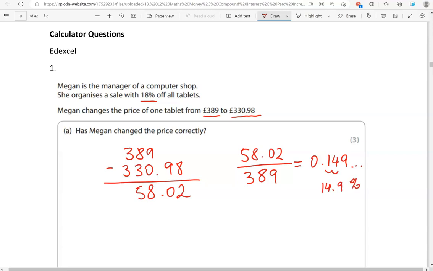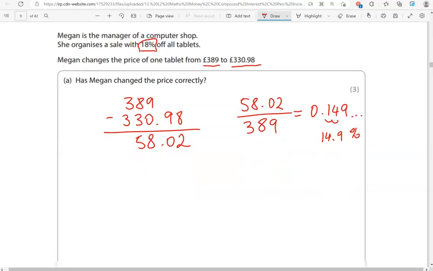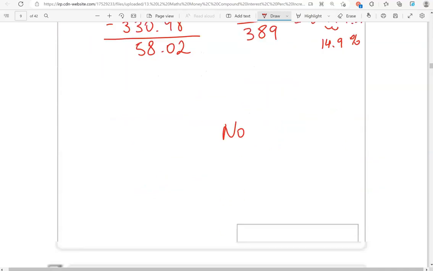So by multiplying the 0.149 by 100, that gives us 14.9%. And that is much lower than 18%. So no, she hasn't changed the price correctly.